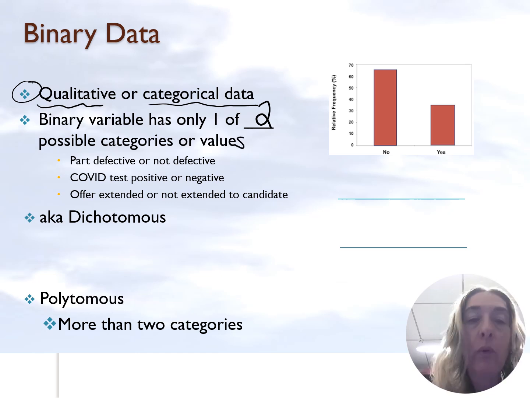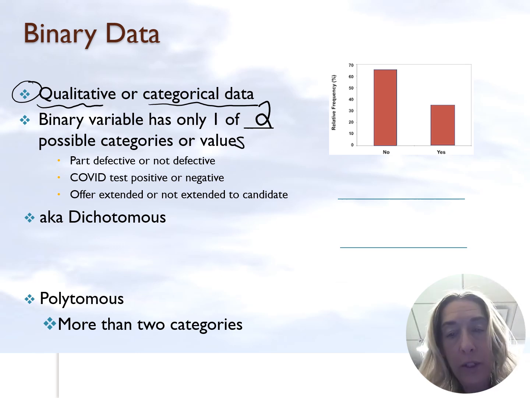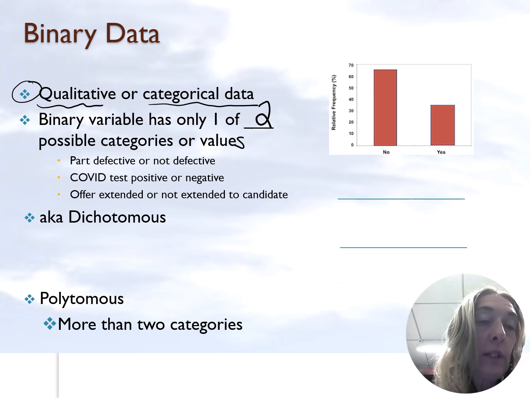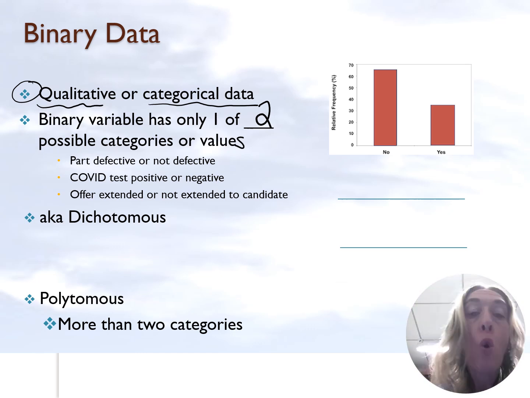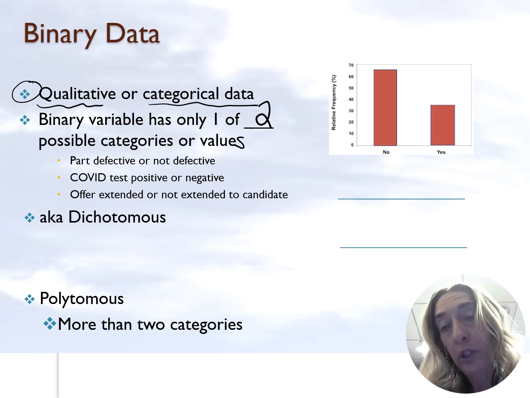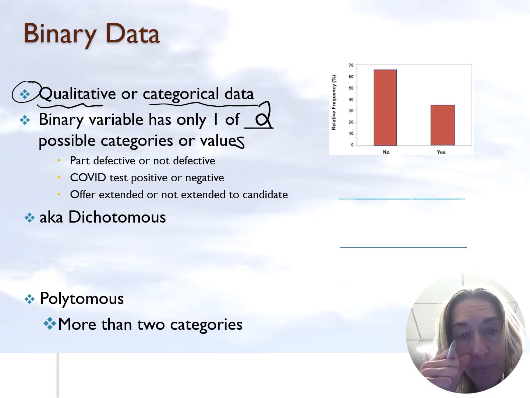So for example, a part that's made in a factory is either defective or it's not defective. Or a COVID test is either positive or it's negative. Or an offer may be extended or not extended to a particular candidate. Binary data is also known as dichotomous data, in case you hear that term.